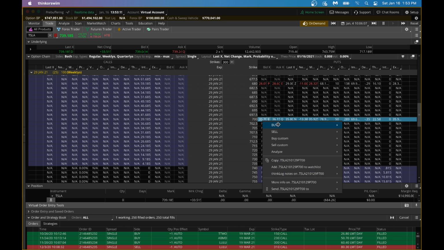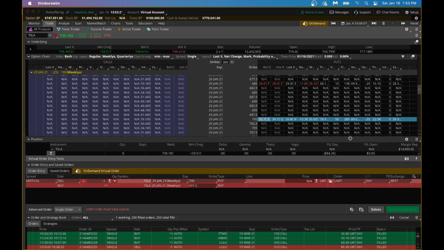So we can go sell vertical 700, and let's be a little aggressive. Let's sell a $40 wide spread here, which is 640. So what we're doing is we are selling a 700 put, and we are buying a 640 put.